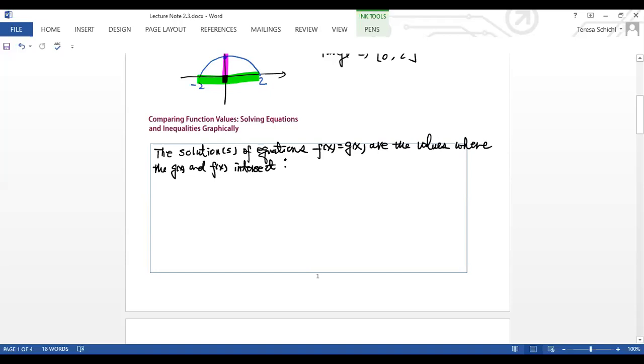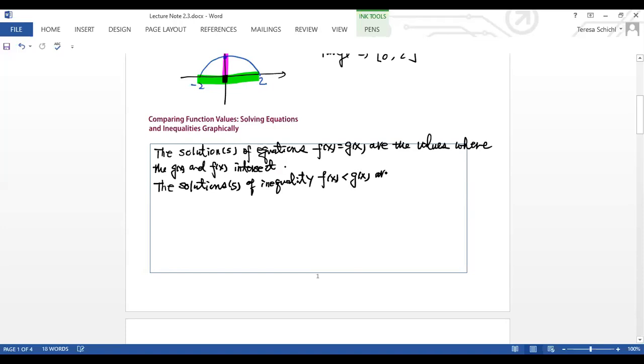Then the same for the solution of the inequality. If I have f of x less than g of x, how do I find the solution?